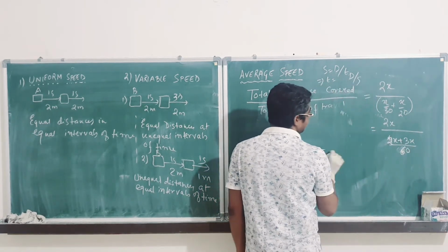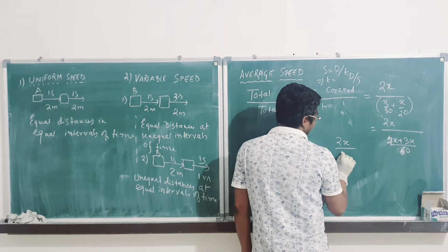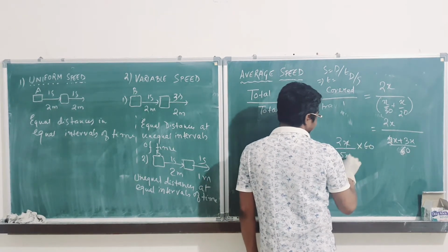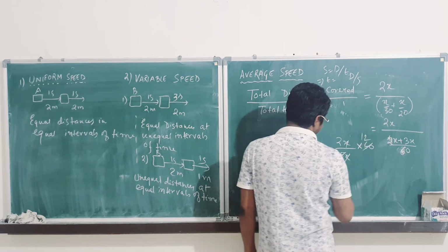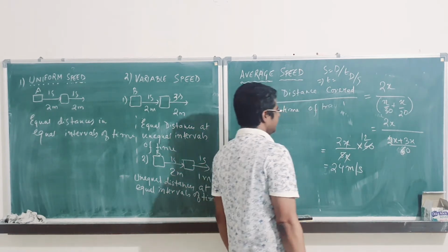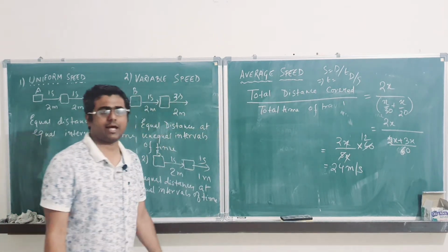So it will come about to be 2x by 5x, and the 60 will go up, 60 divided by 5 is 12, so 2 times 12 equals 24 meter per second. This is how you calculate average speed.